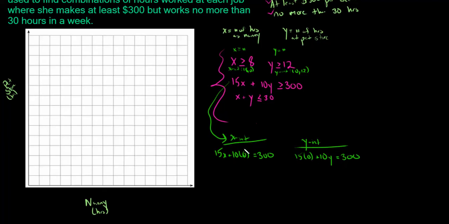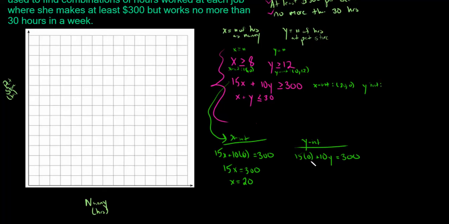Okay, so I'm going to find my x-intercept. I'm going to get 15x plus 10 times 0, which is 0, is equal to 300. So x is equal to 20. So the x-intercept here is 20. And now I got to find my y-intercept.